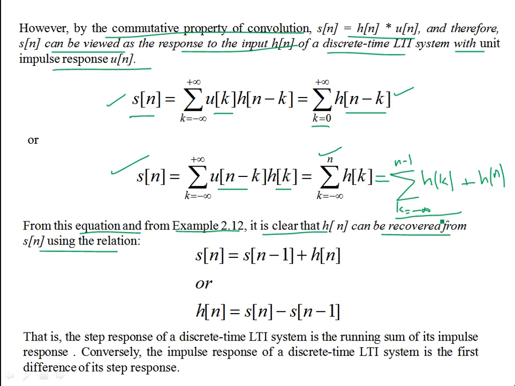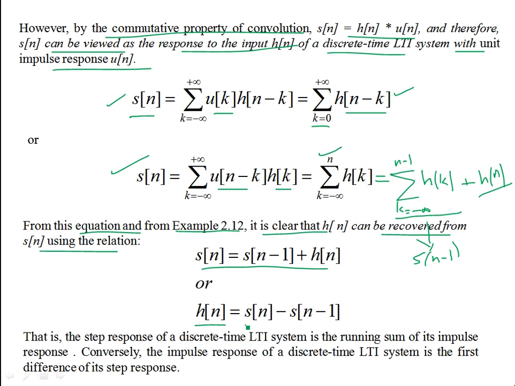Well, this summation is precisely s[n minus 1]. Therefore, I can find a first order difference equation relating the step response with the impulse response. So s[n] is s[n minus 1] plus h[n], or the impulse response is the first difference.